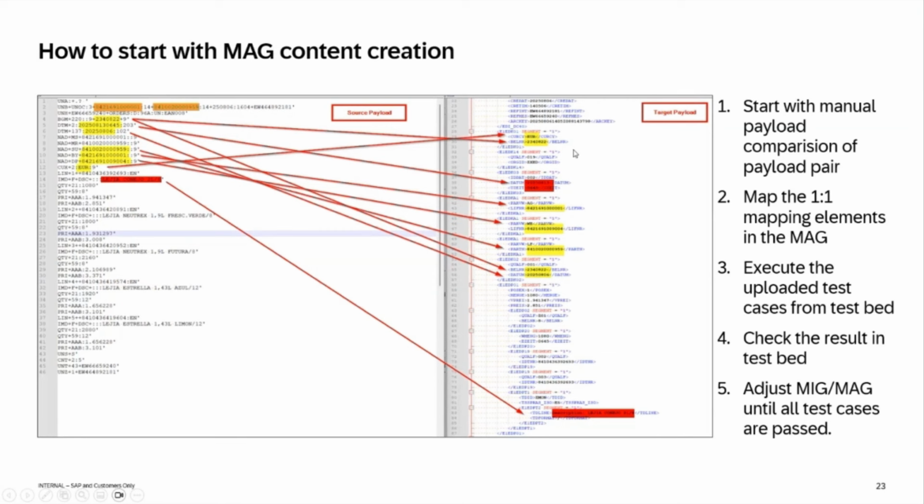Based on that, I'm mapping the one-to-one elements as a first starting point, and then execute the uploaded test cases from my test bed. Then I will see in the test bed the result and see, okay, what is not correct, what is missing, and then I start an iterative approach to adjust the MIG and MEG until all test cases are passed.